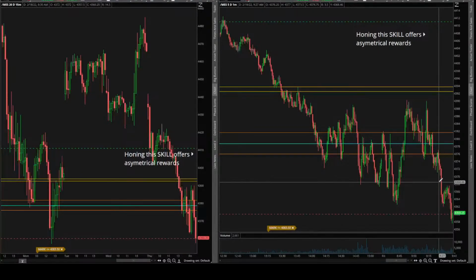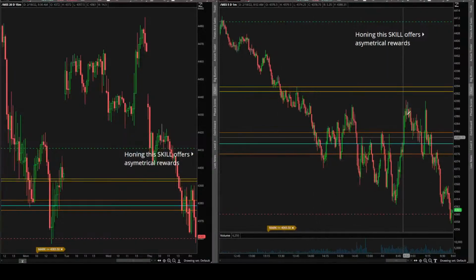So now this is where I've got to be mindful. Even though I like it short to the downside, what I mentioned earlier, could we potentially, on the daily, come down, make a little wick down here, and then get some buyers and bring us back up into this area here, and down here? That's going to be the question.